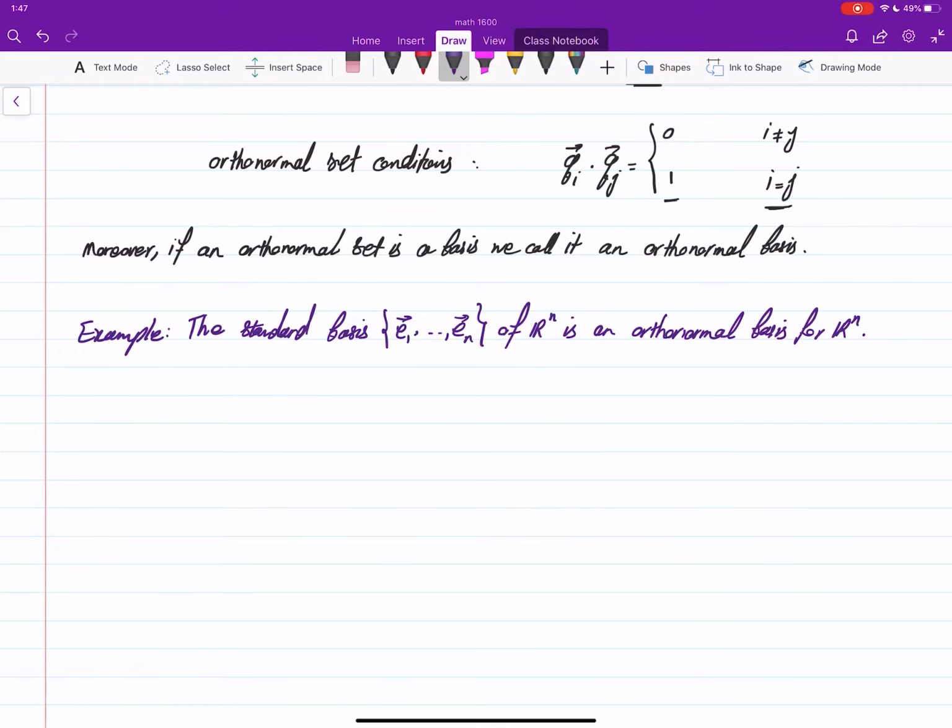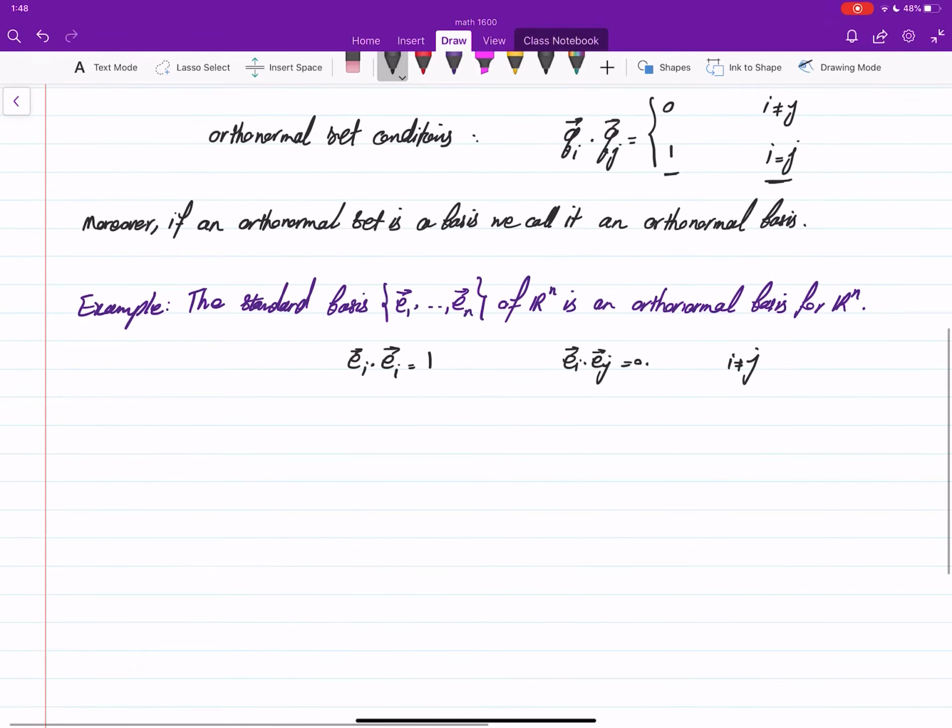Checking the conditions is not difficult. We already checked the orthogonality. Remember, I have to add one more condition. Ei dot Ei: you have all zeros but the ith component, so here we are just multiplying those ones together. You get 1, everything else is 0. So this will be 1, and Ei dot Ej, if i is not equal to j, is going to be 0.